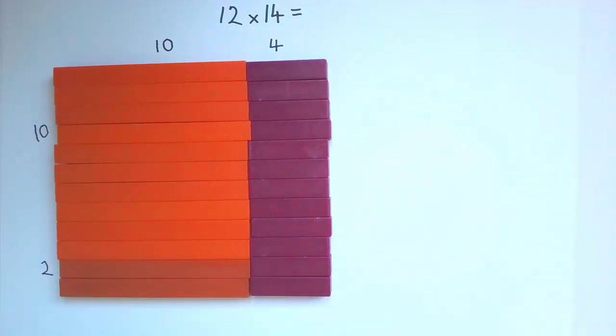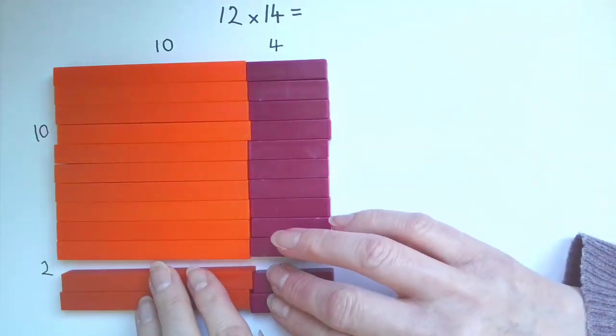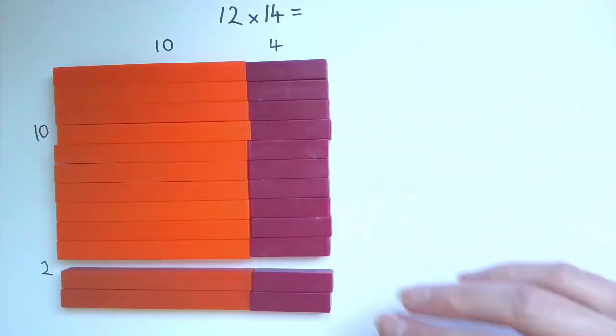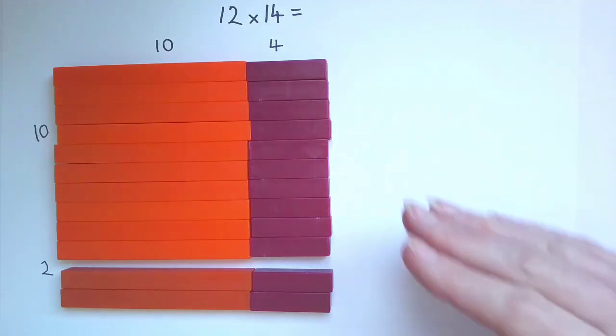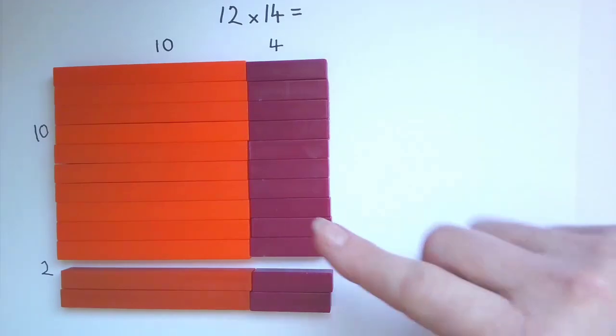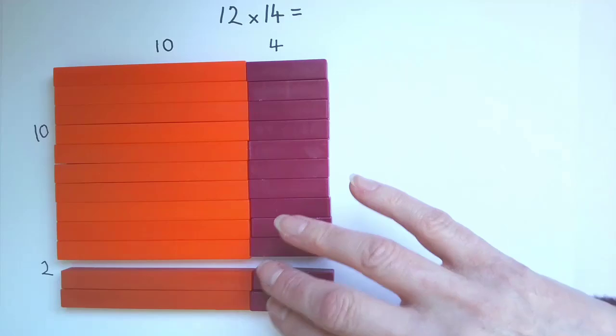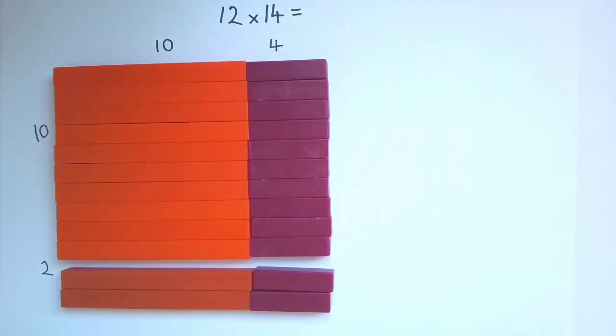So I've got 10 times and then 2 more times. So that separation makes it easier for us to calculate, because now we can see how I can use those individual calculations to create the whole product for 12 multiplied by 14.